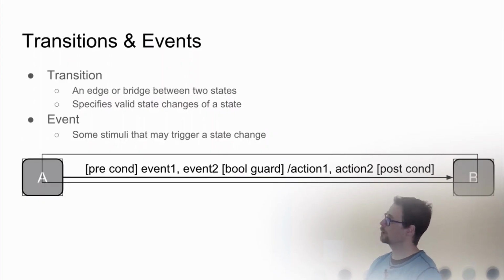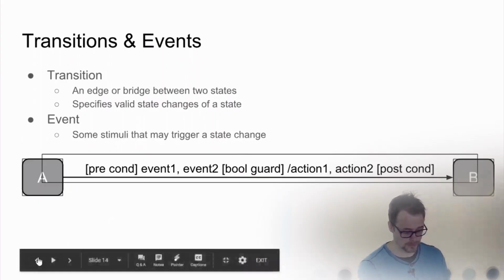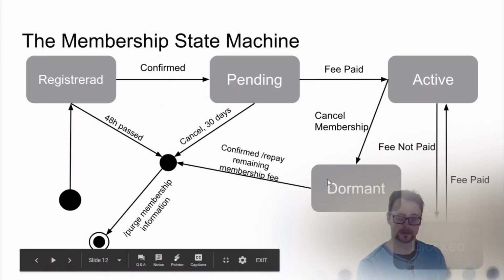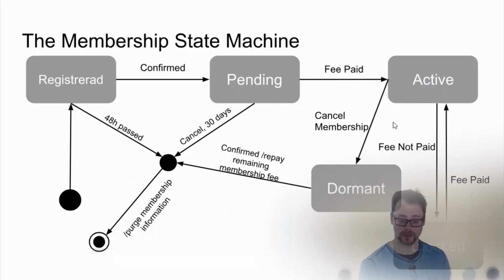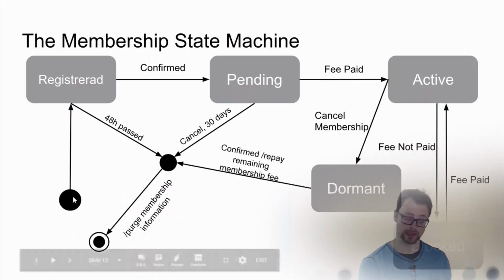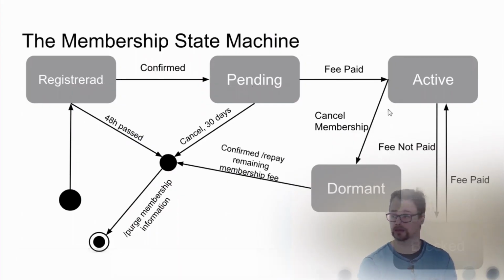So in our example, there was no transition from, what was it called? Dormant. There was no transition from dormant to active, but rather the member actually had to confirm. We had to repay, and to become a member again, he had to go through the entire registration procedure once more. Probably not what we want.